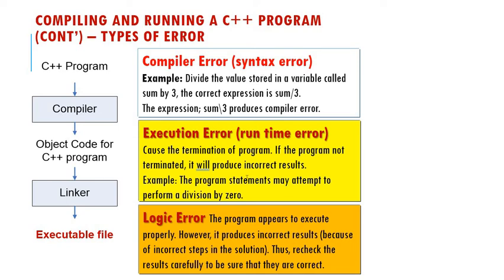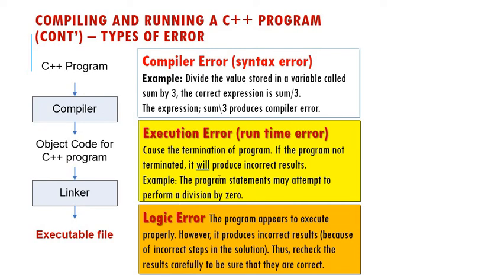All right, so we go to the second error, which is the execution error or runtime error. What is an execution or runtime error? An execution error will cause the termination of the program. For example, you type a division operation and you divide that number by 0.